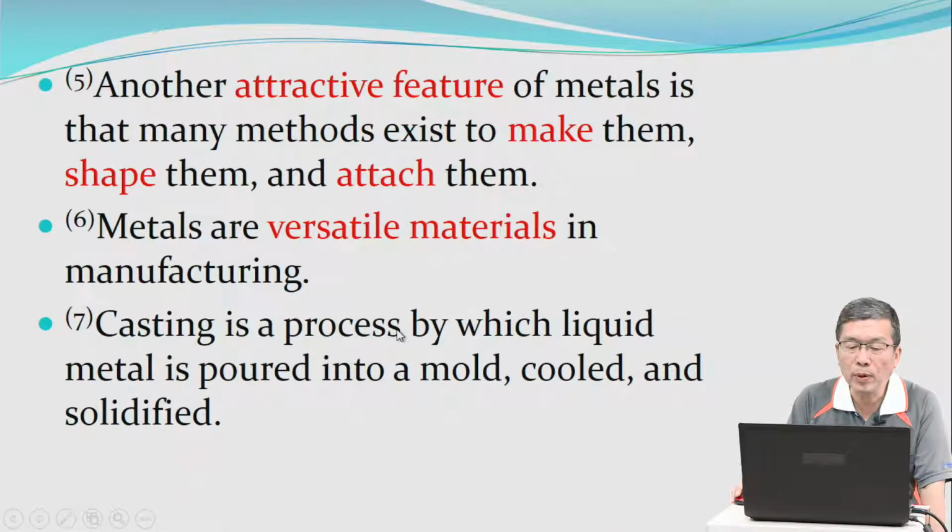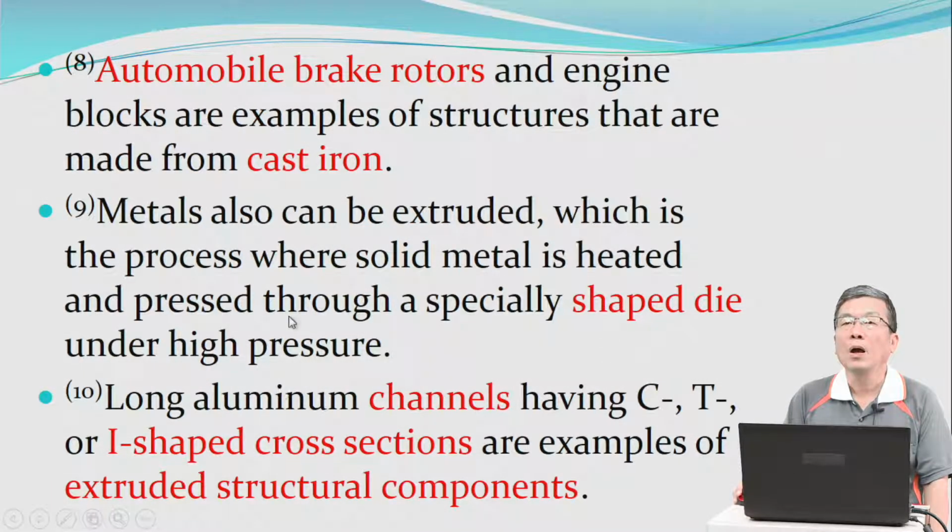Casting is a process by which liquid metal is poured into a mold, cooled, and solidified. Automobile brake rotors and engine blocks are examples of structures that are made from cast iron.